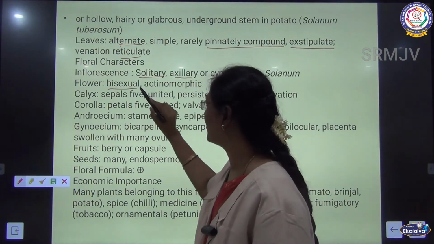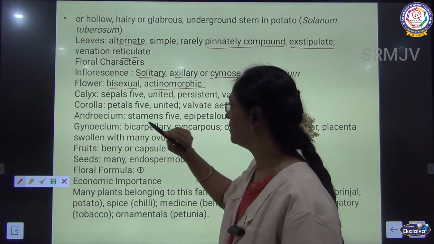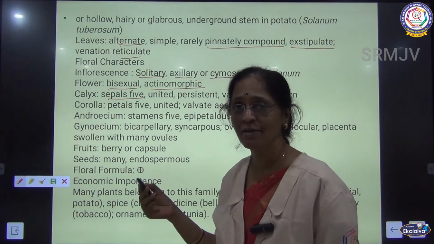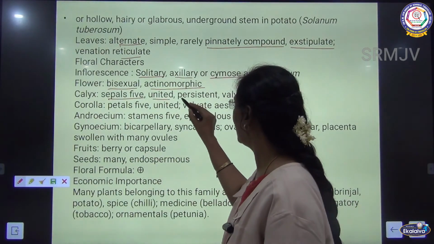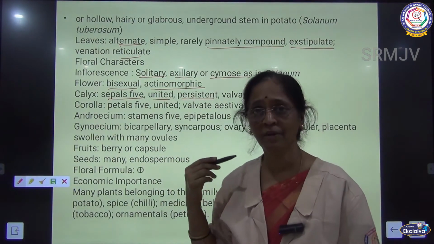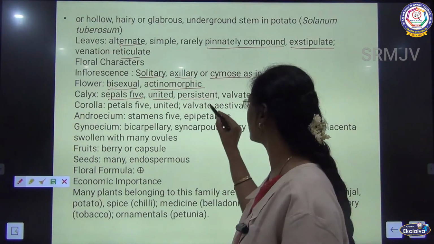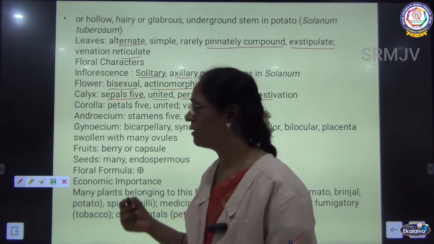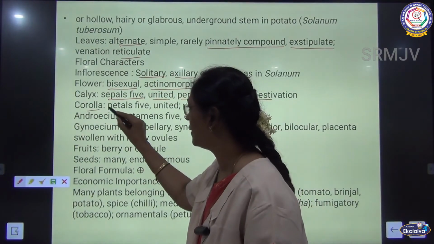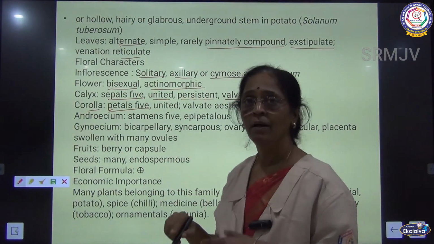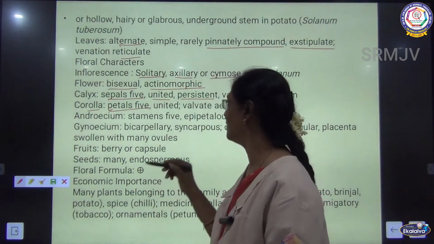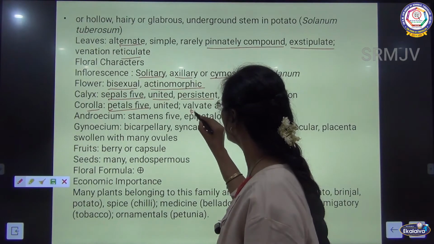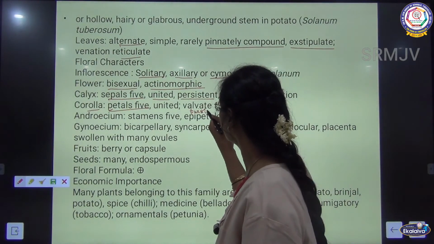Flowers are bisexual, actinomorphic, and calyx, if you see, sepals 5, and they are united, so it is gamosepalous, and persistent, they remain till the fruit formation, and valvate aestivation, they do not overlap with each other. Corolla, petals 5, and they are united, gamopetalous, and here you will find twisted aestivation also.